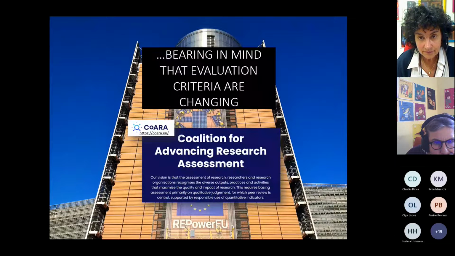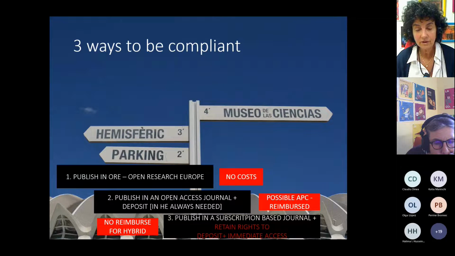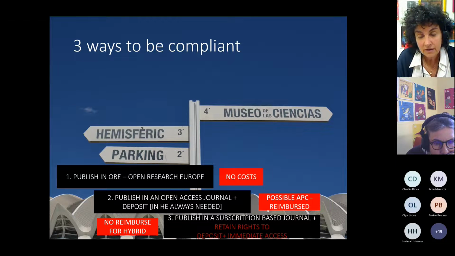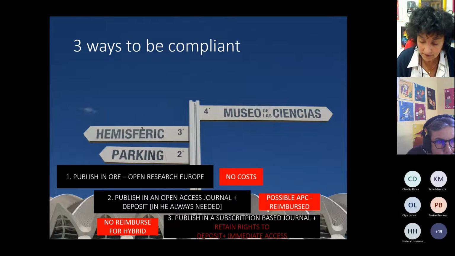Because, you know, when we used to present these three options, the normal reaction was, okay, but I can't publish in ORE because ORE, Open Research Europe, the first option, is just a publishing platform. It's not a journal, so it does not count for evaluation.